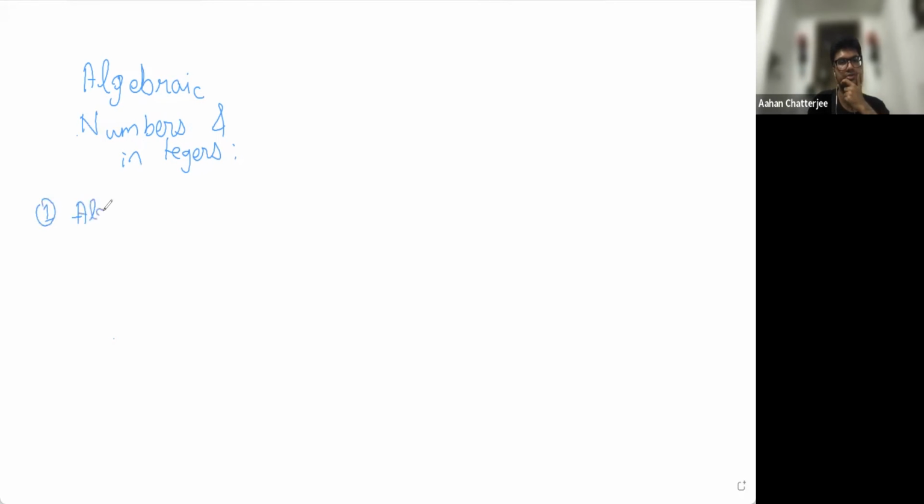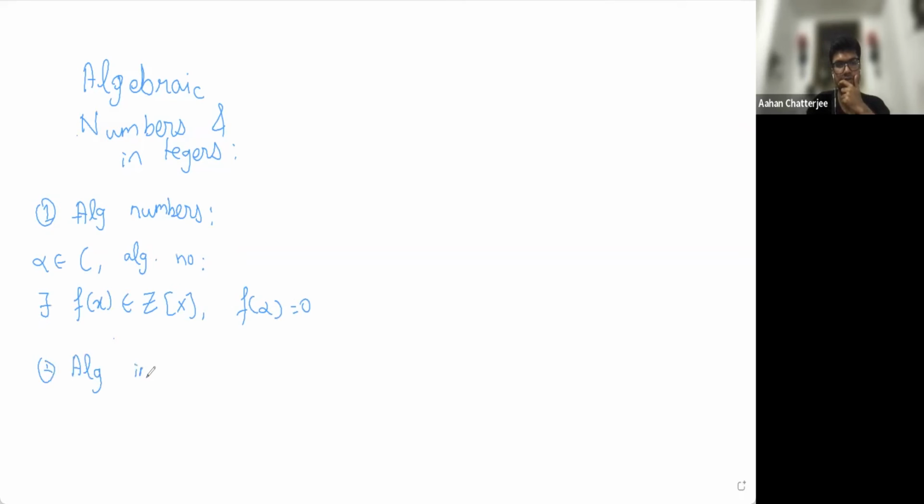So algebraic numbers are just, so I say alpha in C is an algebraic number if and only if there exists f of x in Z[x], such that f of alpha equals 0.